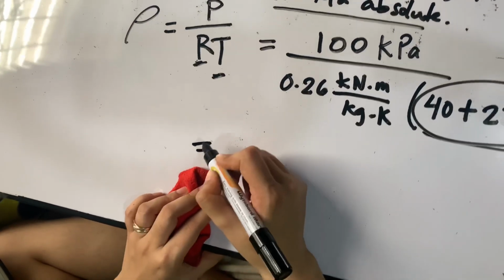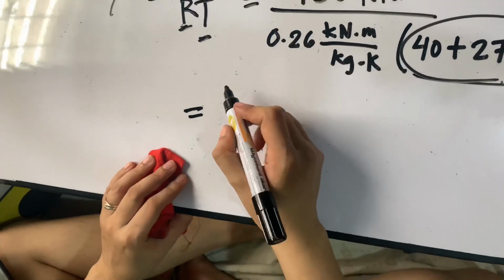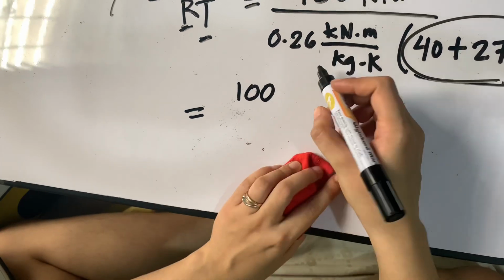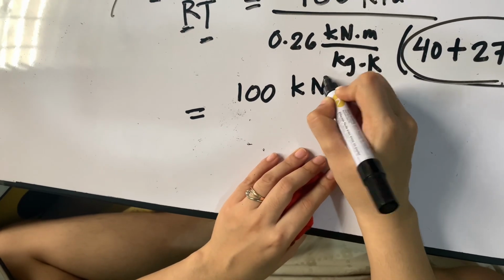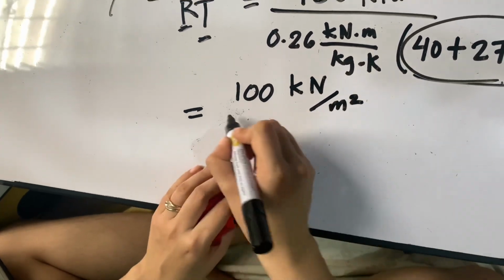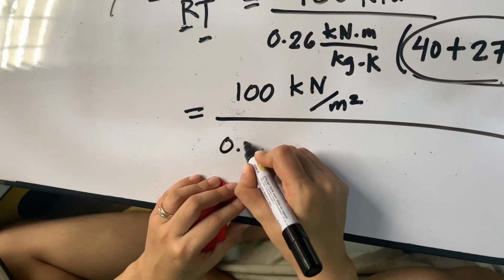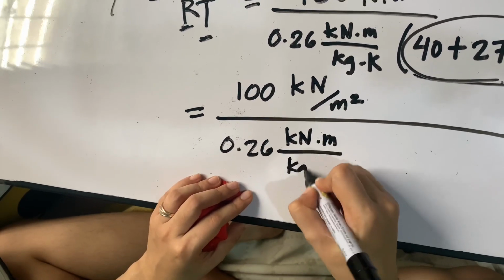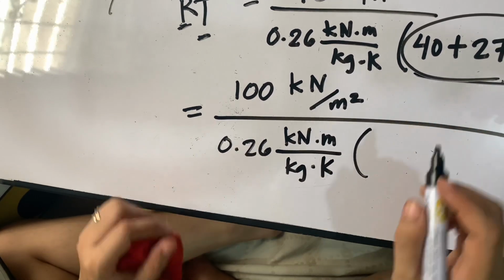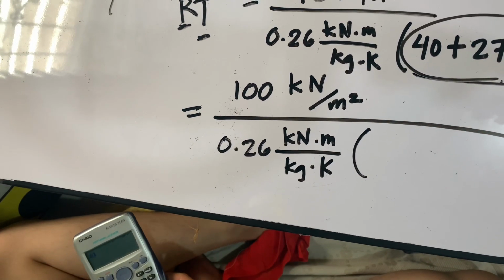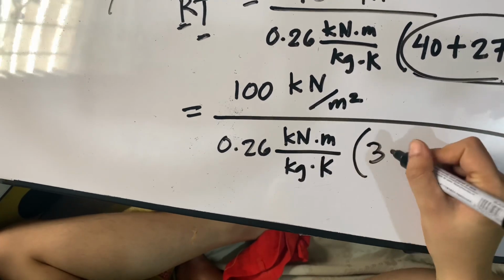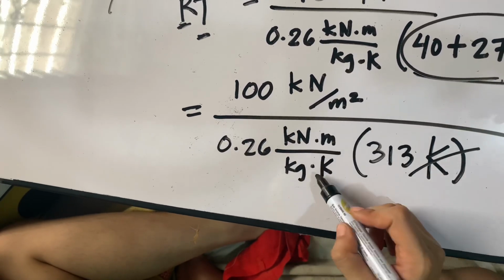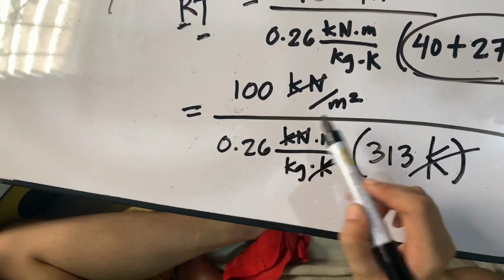Take a look at this. 100 kPa, and the breakdown unit for kPa is kilonewton per meter squared, all over 0.26 kilonewton meter per kilogram Kelvin times 40 plus 273, which is equal to 313 Kelvin. So this one will be cancelled, this one also.